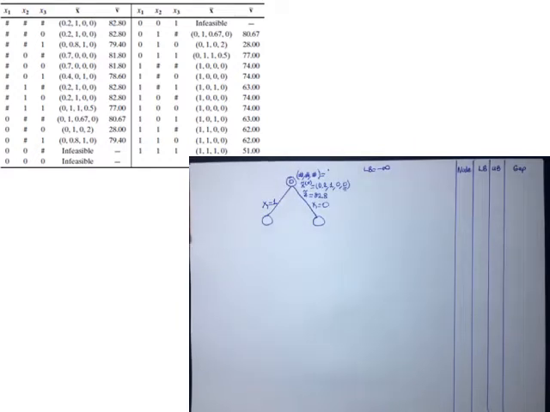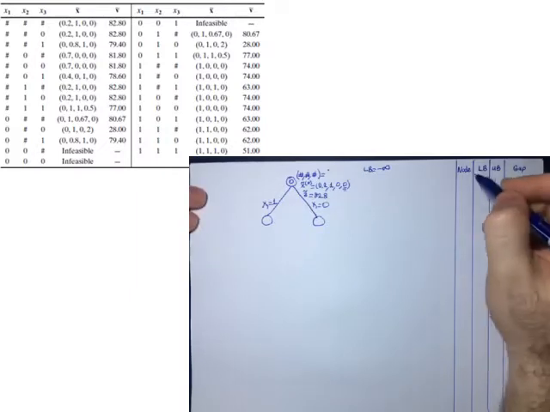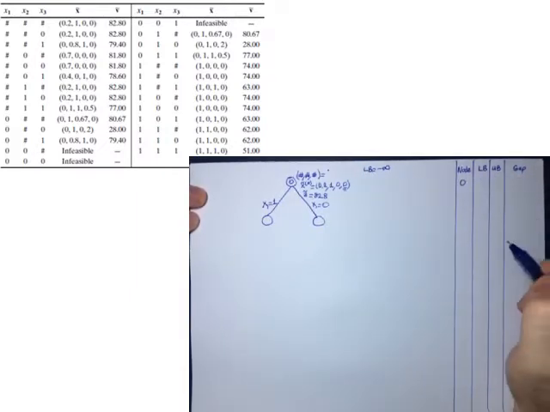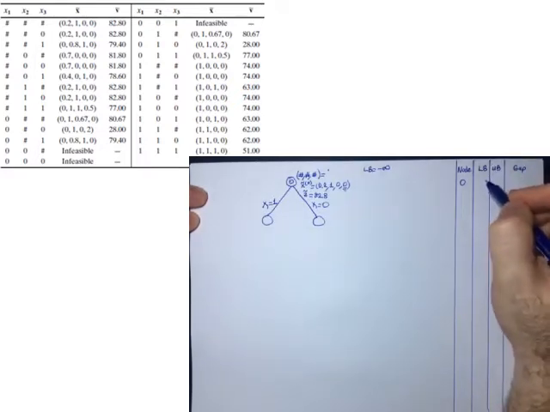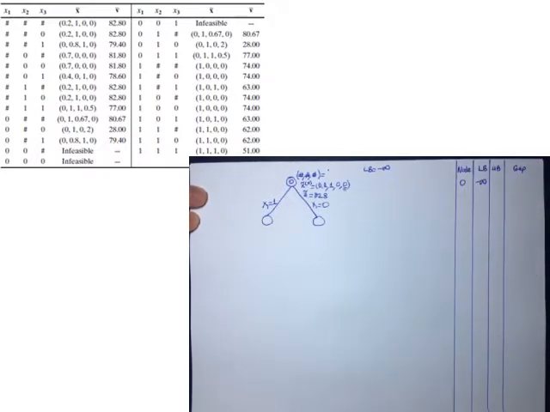After our decision, after solving this LP relaxation, let's write what happens in node 0, the root node here. Since we don't have any integer solution, the lower bound is minus infinity. While considering these lower and upper bounds, you always need to think about whether this is a minimization or a maximization problem. Ours is a maximization problem, and an integer feasible solution for a maximization problem gives us a lower bound.